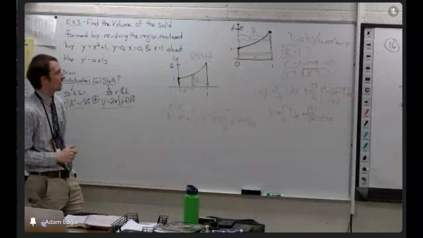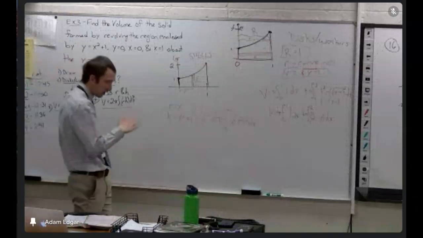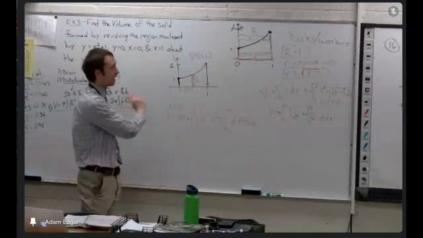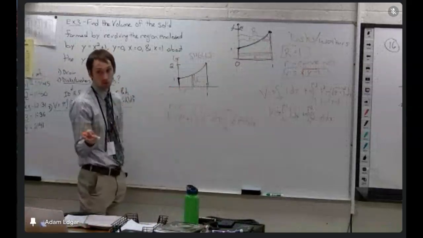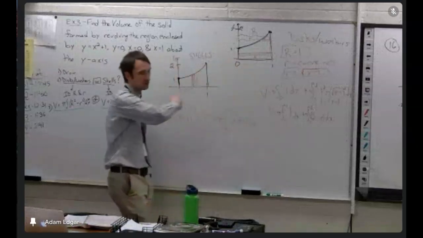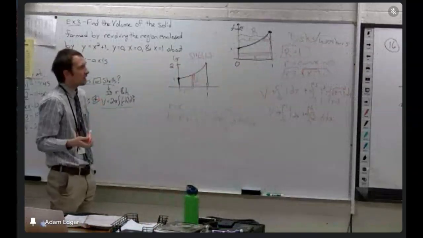I think, yeah, whatever you're more comfortable with. If you're more comfortable with shells, then default to shells, and if it doesn't pan out, then switch. If you're more comfortable with discs and washers, default to discs and washers, and then revert to shells if that doesn't pan out. I think that's a reasonable way to go about it.